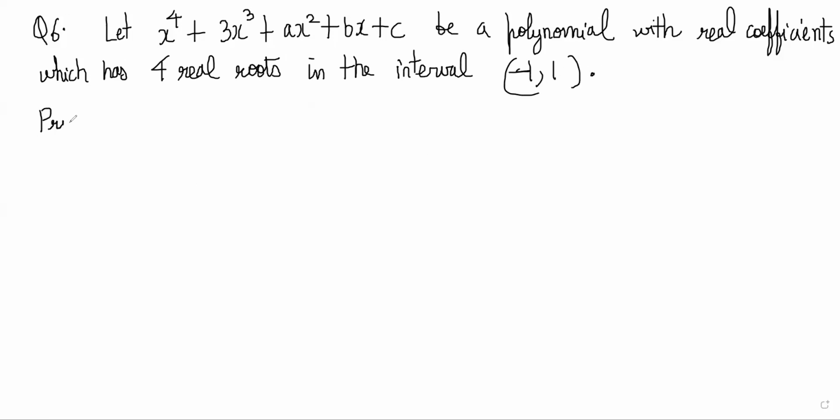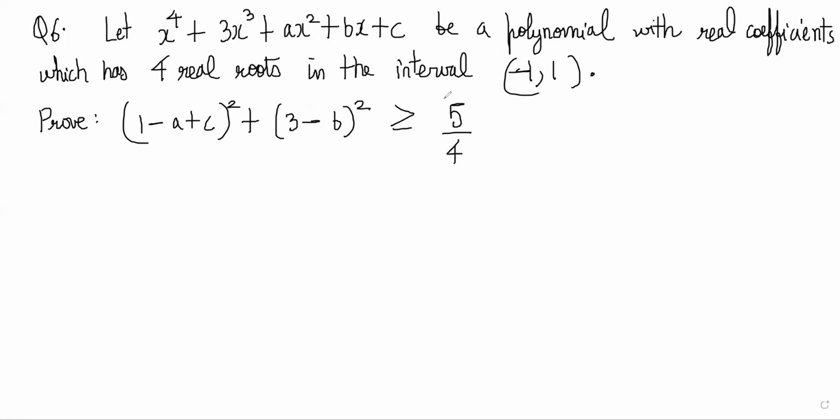We have to prove that 1 minus a plus c whole square plus 3 minus b whole square is greater than or equal to 5 by 4 power 8.